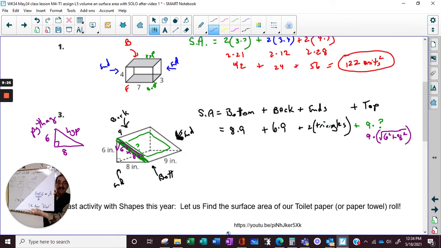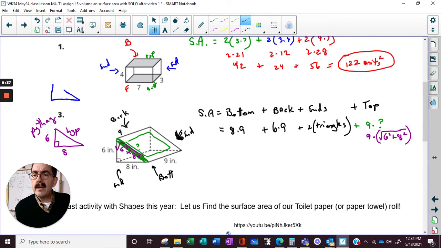Length times width divided by 2. So, we can use this again, right? So the area is length times width divided by 2. The area of this triangle is length times width divided by 2. 48 divided by 2 is 24 units.